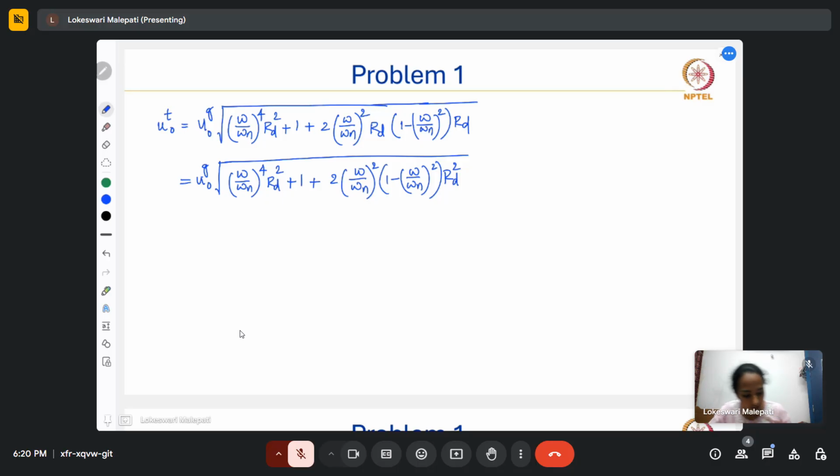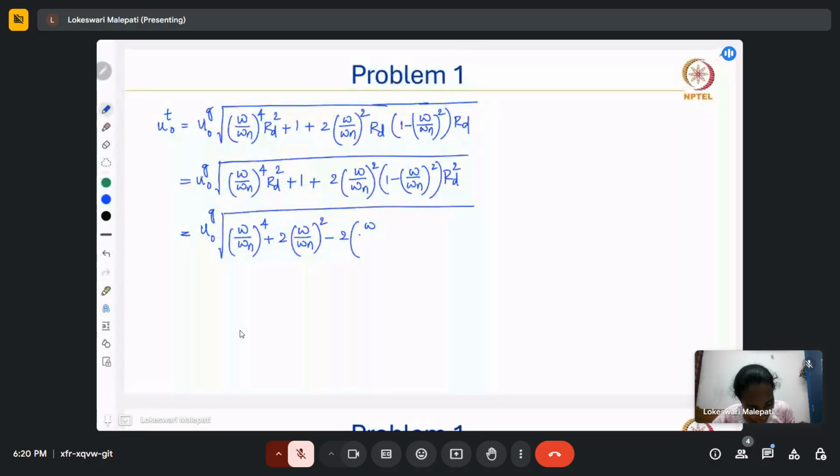Okay, now we can make substitution for RD. Omega by omega n whole power 4 plus 2 omega by omega n whole squared minus 2 omega by omega n whole power 4, and we have RD square plus 1.